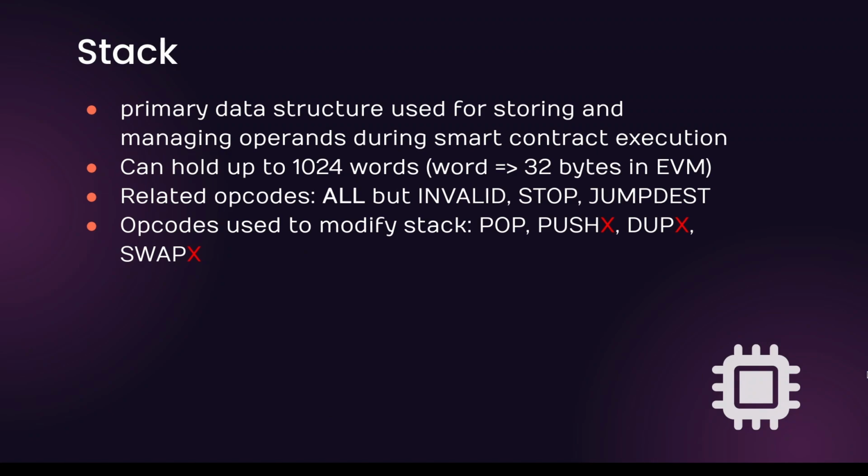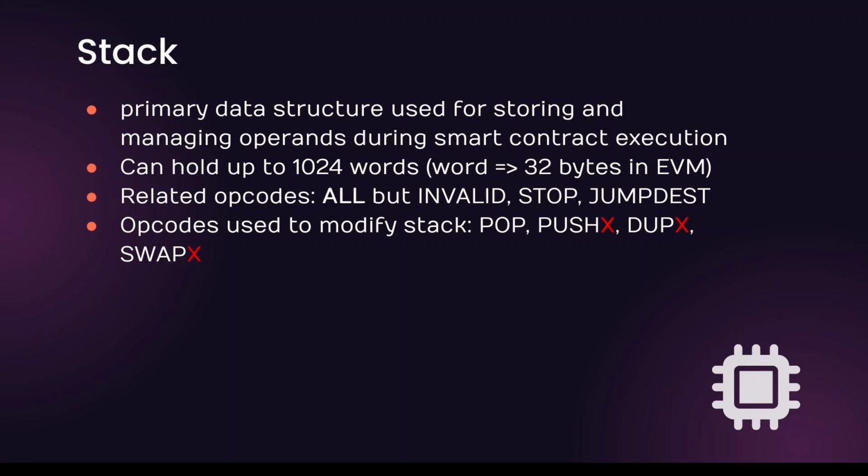This is the primary data structure used for storing and managing operands during smart contract execution. As you know from the first episode, EVM operates as a stack machine. The stack can hold up to 1024 words, and keep in mind that a word is 32 bytes in EVM.